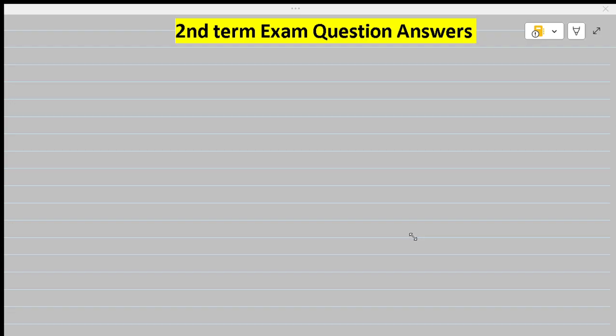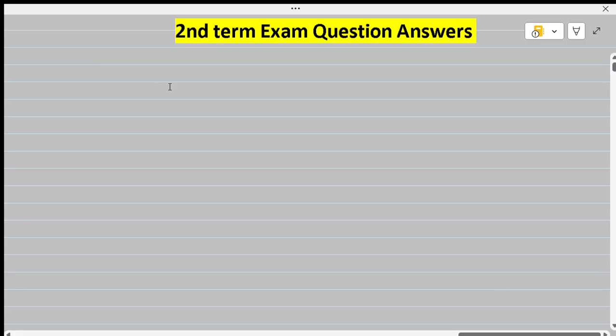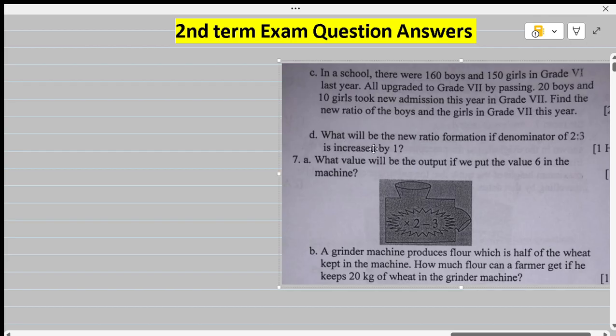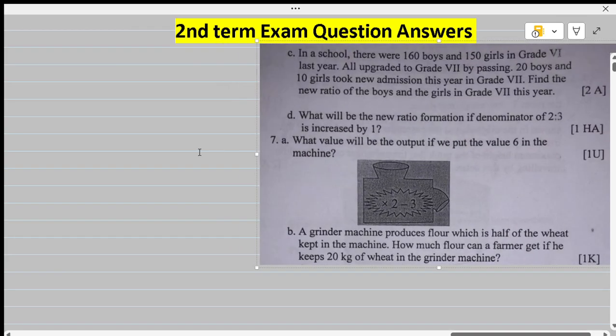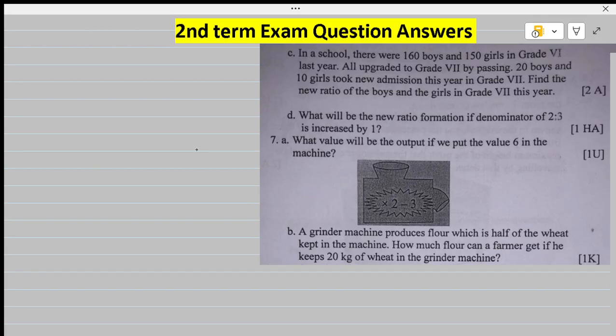So from number 6 the remaining are C and D, and number 7 A and B I go. Okay, so first the remaining C and D of number 6. Okay, what is here in C? Let's see, 6 number C.